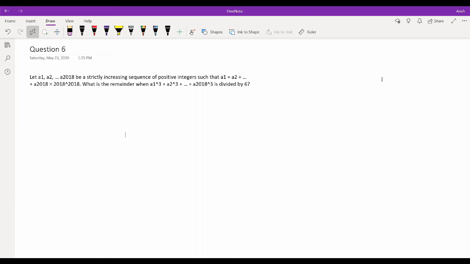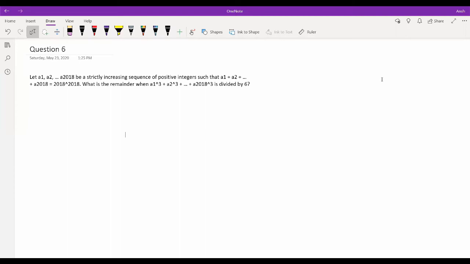And it asks us what is the remainder when A1 cubed plus A2 cubed, dot dot dot, plus A2018 cubed is divided by 6. Oh, that's pretty intense. I mean, 2018 to the 2018 power is huge, and then it asks us to find the sum of the cubes of all the terms.